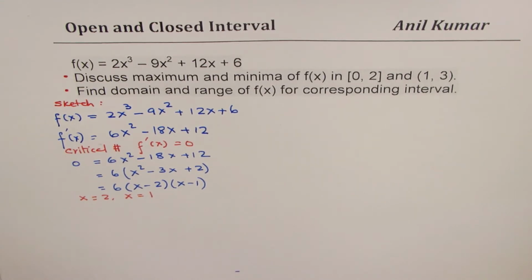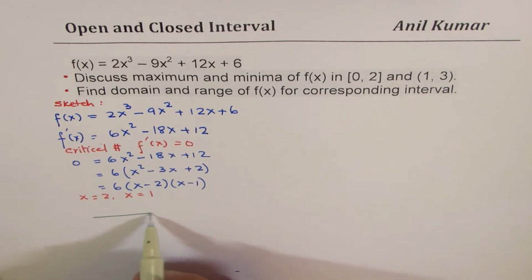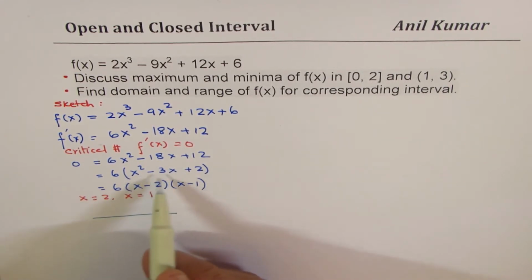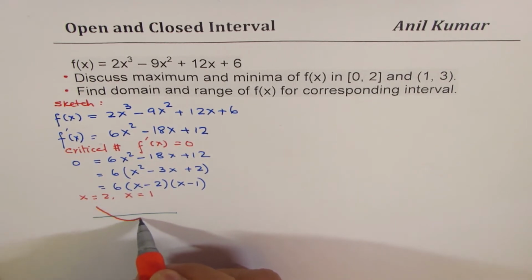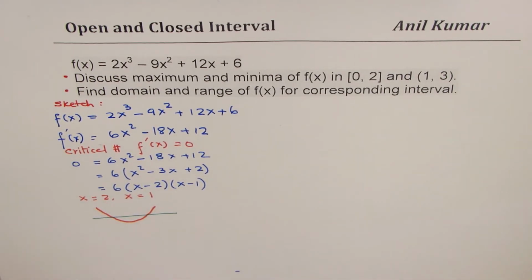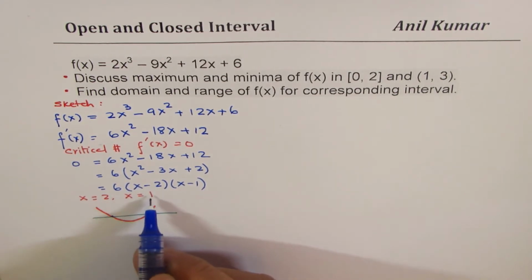Okay, now let us analyze these critical numbers, whether we have maximum or minimum. Easy way to do it is that it represents a parabola opening upwards, right? So what we can do here is we can just make a parabola opening upwards. So let's say this is the parabola which opens up, and as you can see, the points here are zeros 1 and 2, right?